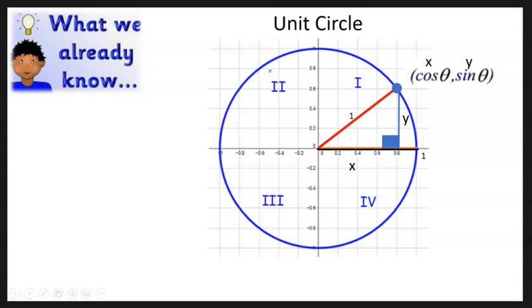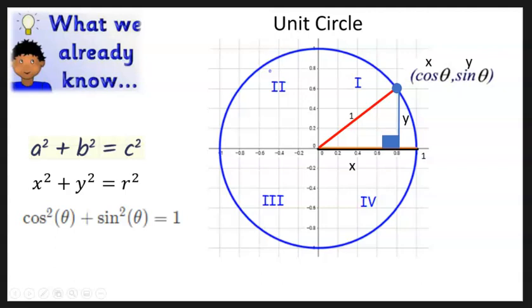Since the legs of the right triangle in the unit circle have the values of sine theta and cosine theta, the Pythagorean theorem, which is usually what we know, a squared plus b squared equals c squared, and in terms of x, y, r, which is x squared plus y squared equals r squared, can be used to obtain cosine squared theta plus sine squared theta equals 1, or sine squared theta plus cosine squared theta equals 1.